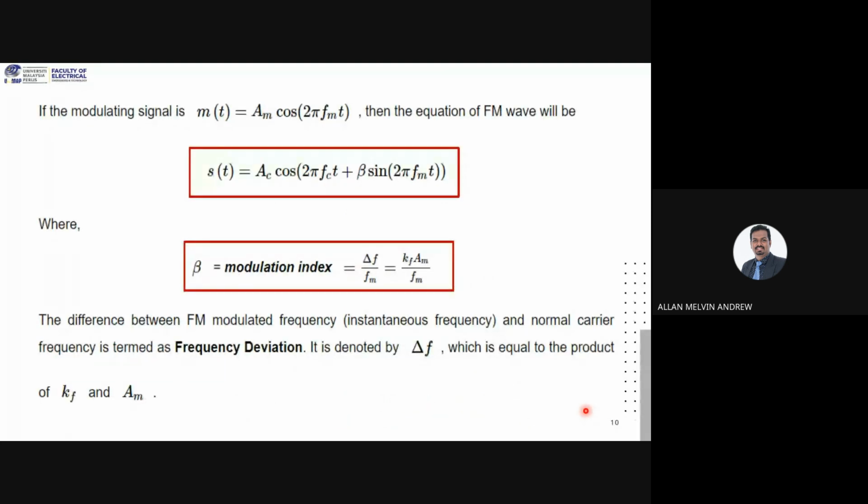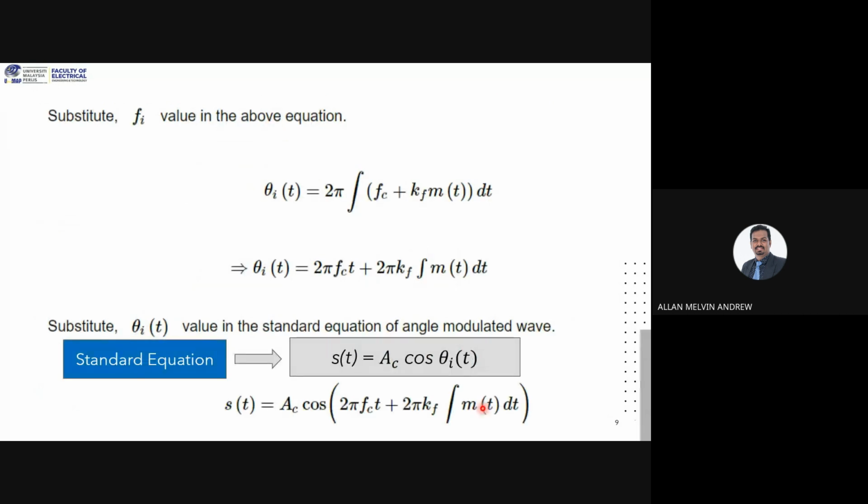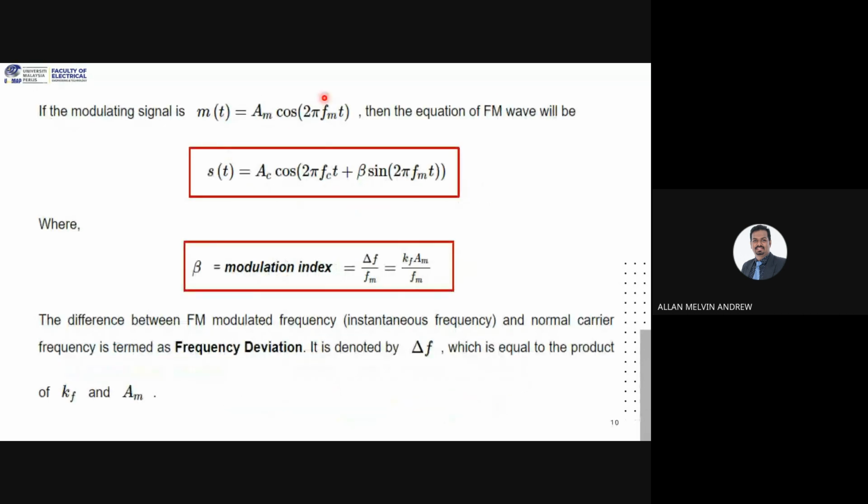Okay, so we further derive. If the modulating signal m(t) equals Am cos 2 pi fm t, this is your modulating signal, your message. Then the equation of the FM wave: you are replacing m(t), the message, inside this. After you solve it, you will get a formula like this. s(t) equals Ac cos of 2 pi fc t plus the modulation index times sine 2 pi fm t.